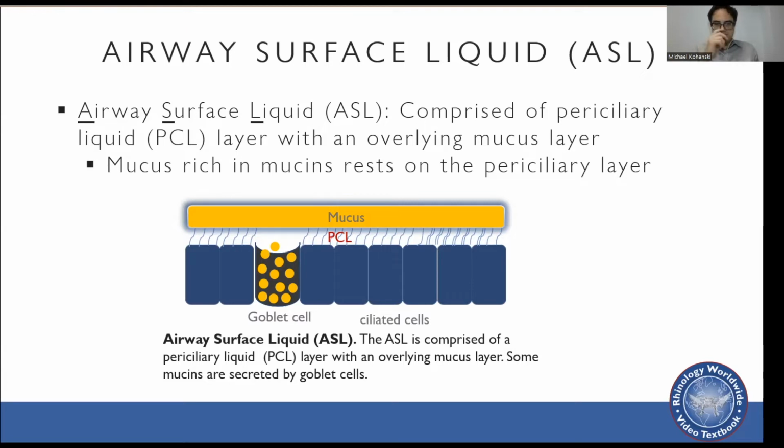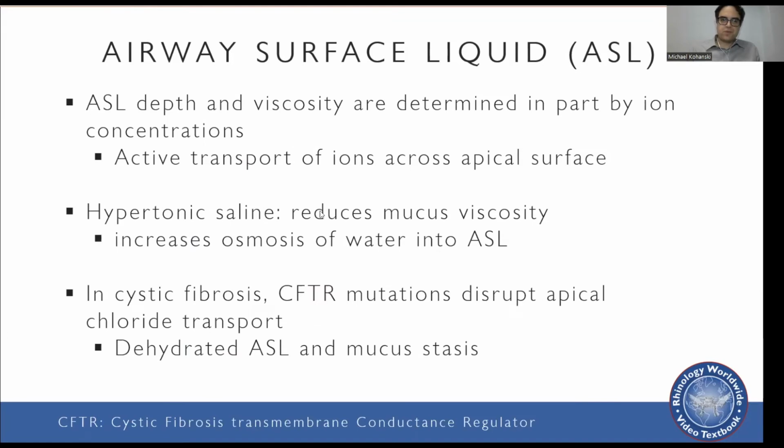The mucus is rich in mucins, and a number of the mucins are secreted by goblet cells. The airway surface liquid is important, and the depth and viscosity of the airway surface liquid can help determine how fast that liquid can move across the epithelial surface, among other things.